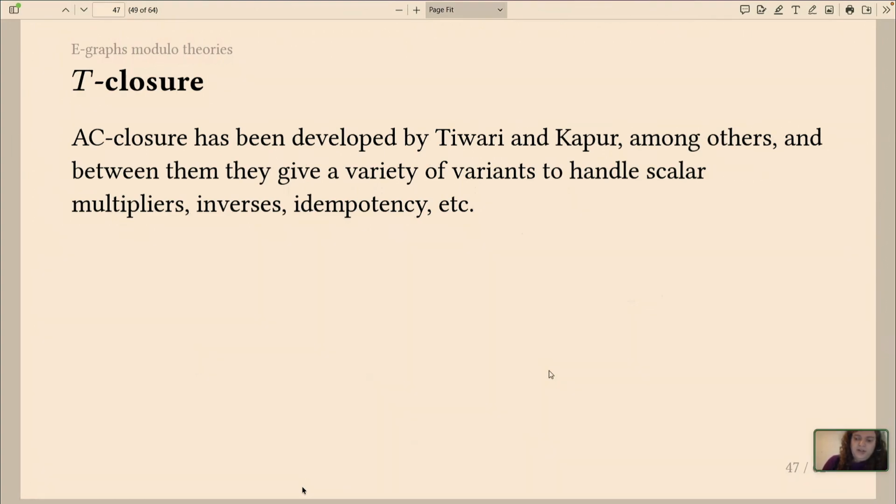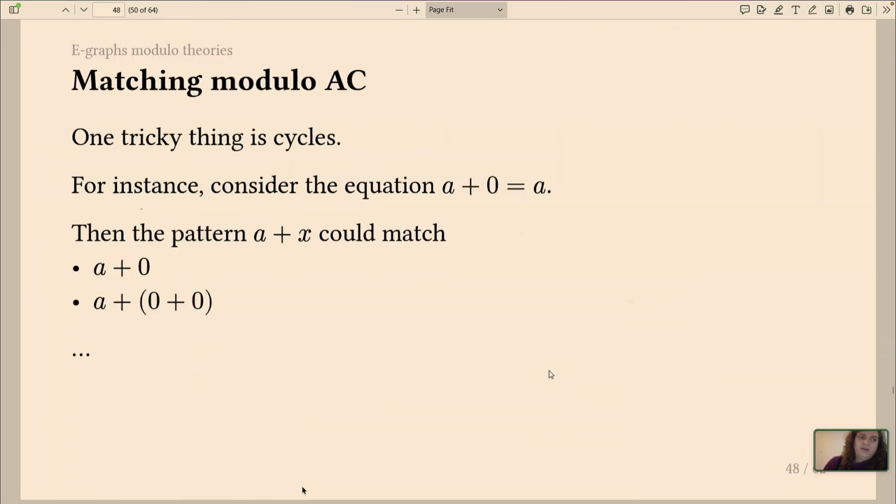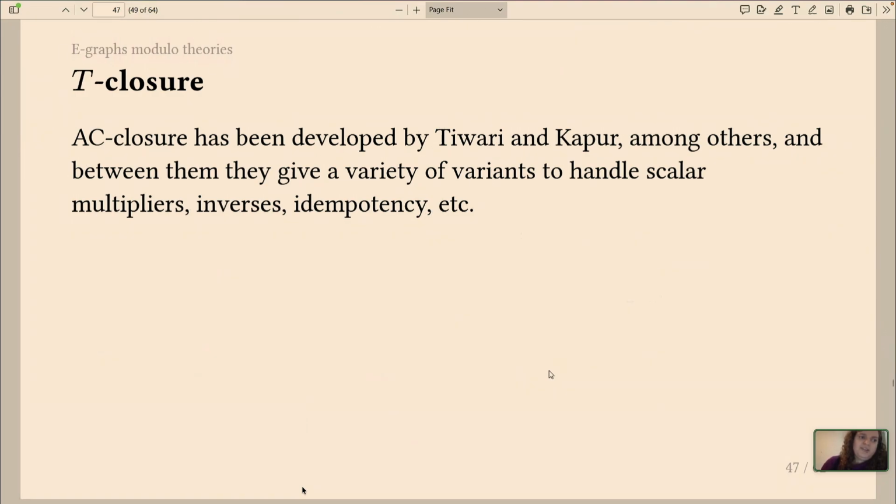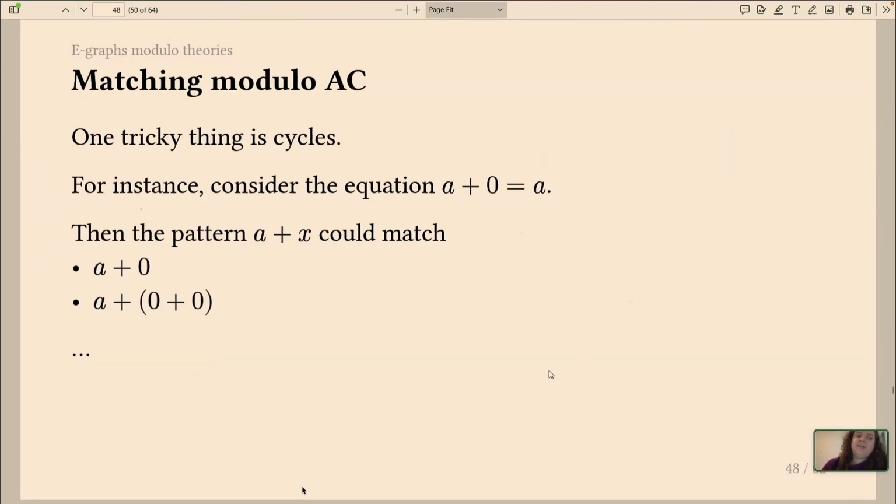Just a couple of notes that I won't go too in depth into. There's the problem of matching modulo AC. This is the sort of thing I actually started on before realizing that there's this completeness issue of just working up to AC without doing this extra AC closure step.